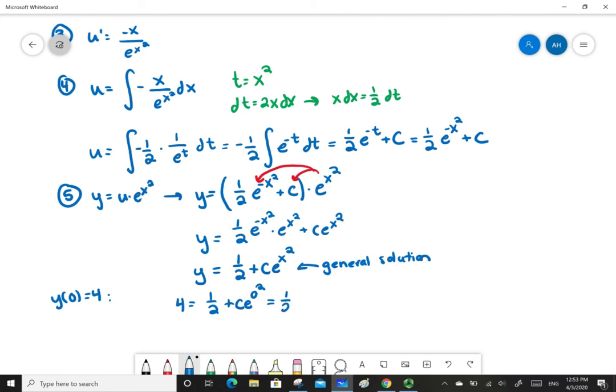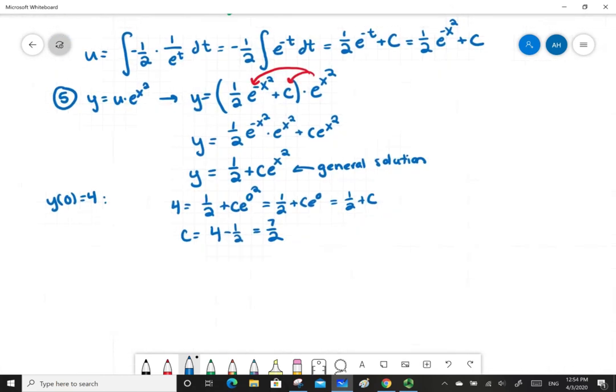So 4 is 1/2 plus c e to the 0, which is 1/2 plus c. So c is 4 minus 1/2, which is 7/2, which we can plug into our general solution to get our final answer, y equals 1/2 plus 7/2 e to the x squared.